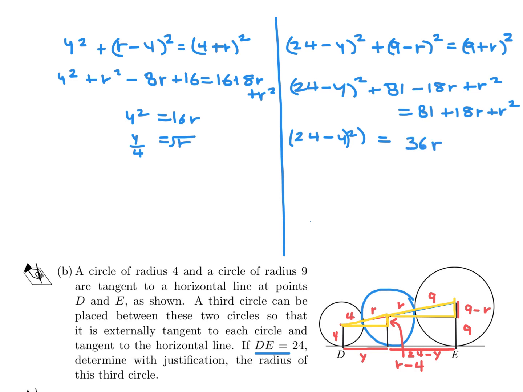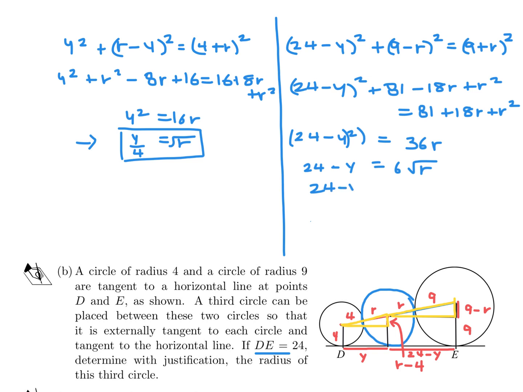Okay. So now I will substitute this finding. Let's take the square root of both sides first. When I do, I get 24 minus y here, and here I get 6 root r. And since root r is y over 4, I can substitute that in.